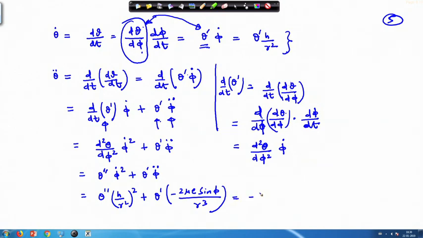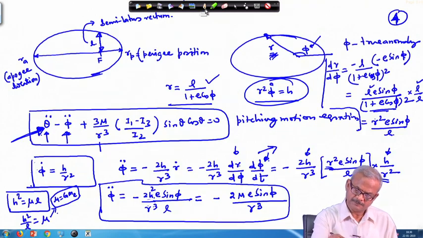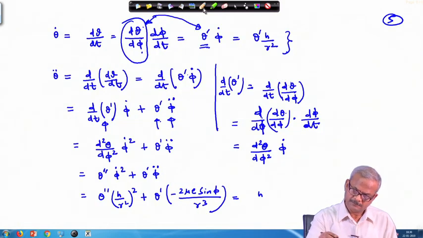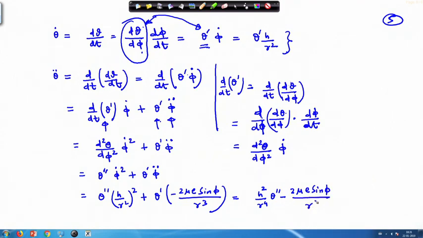So, we have got the quantity here h square by r to the power 4 theta double prime minus 2 mu e sin phi divided by r cube times theta prime. So, this is our theta double dot.